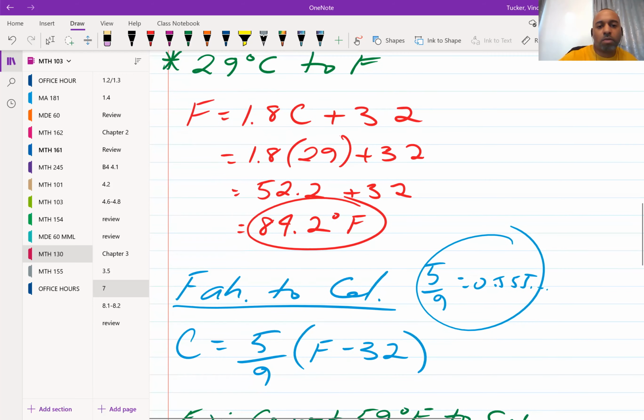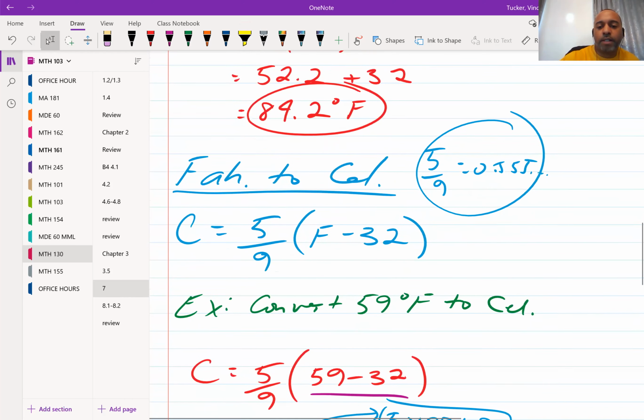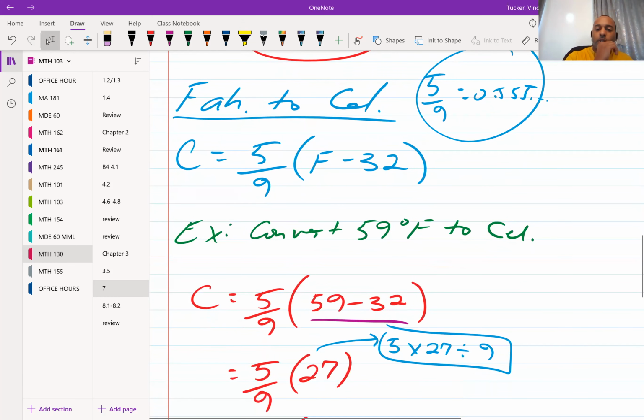All right, so let's scroll up. Here we want to convert 59 degrees Fahrenheit to Celsius. So plug 59 in for F. First thing you want to do is what's in the parentheses, so we're not going to multiply that 5/9 yet. We do 59 minus 32, and that gives me 27.